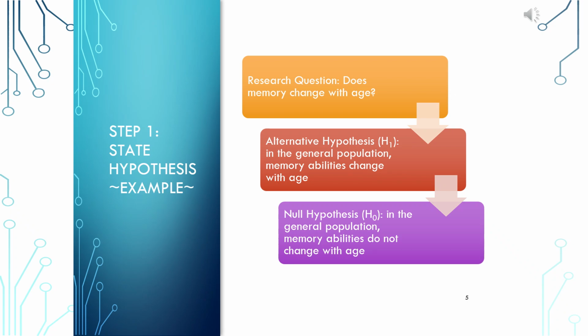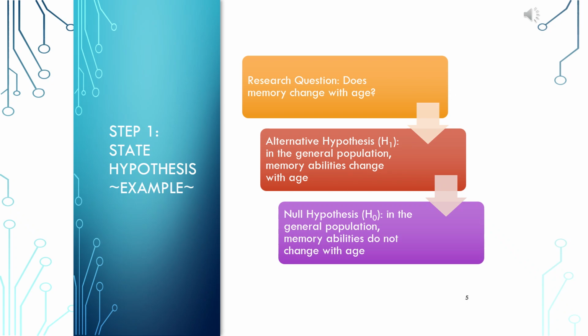Well, you need to drill down a little bit further to make explicitly testable hypotheses. Okay, we start with the alternative hypothesis, which again is the hypothesis that you think something is happening in the real world. You think that some kind of effect is present. Then the null hypothesis is saying, no, I don't think there's actually an effect happening.